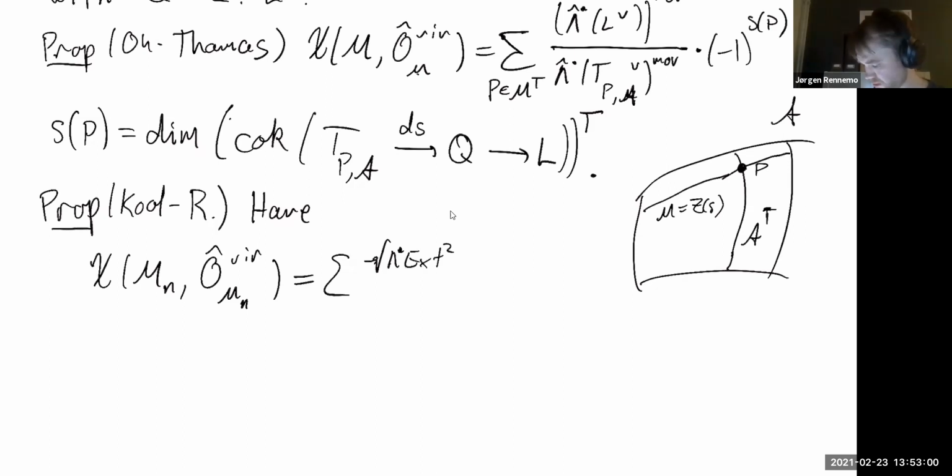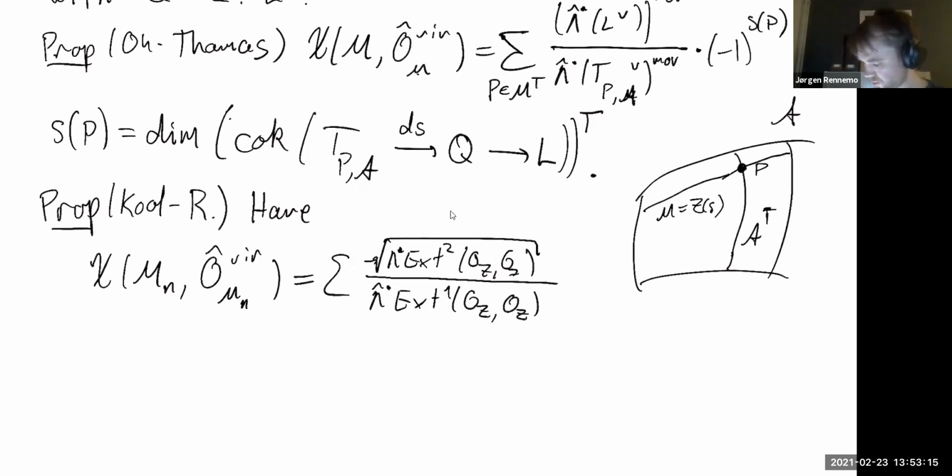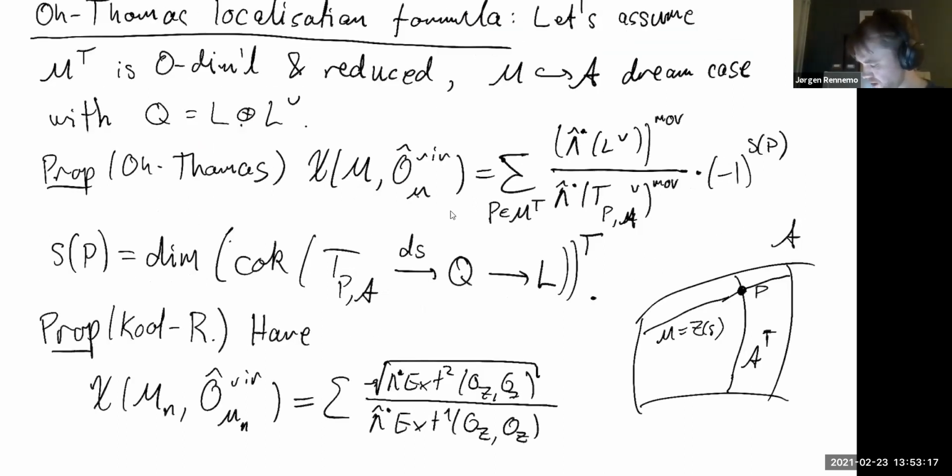This x2 and this symmetrized x1. So that's not automatically what you're given by Owen Thomas's formula.